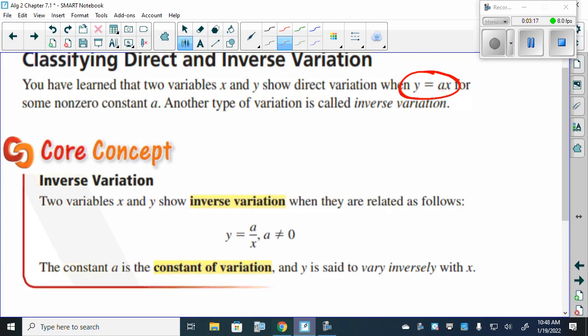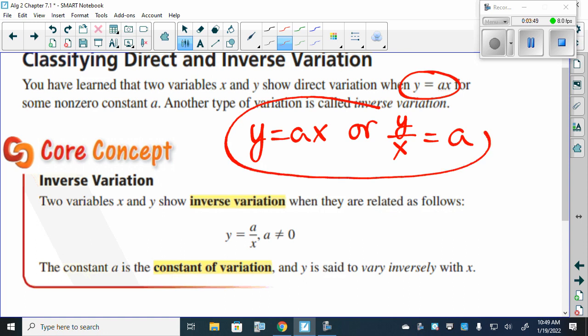We can also consider, y equals a times x is direct variation. Or if we get a by itself, divide both sides by x, y divided by x equals a is also considered a direct variation. It's just manipulating the one equation to get the variable a by itself. And a in any of these is just going to be considered a constant term. It's just a number. A is just holding the space for a number. So in either one of these cases, we are still dealing with a direct variation.